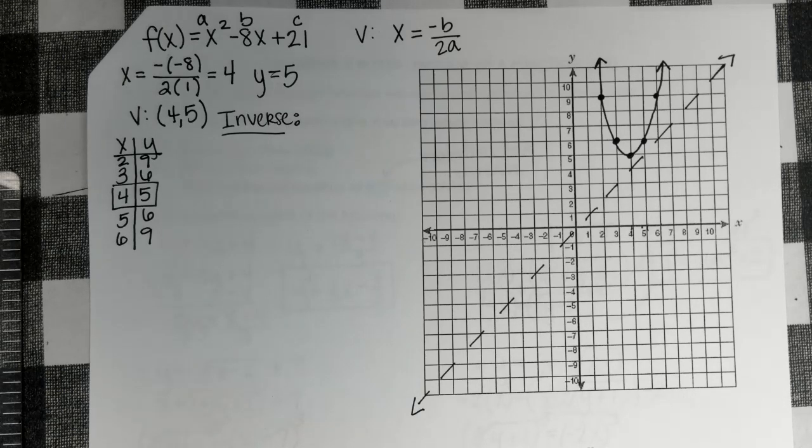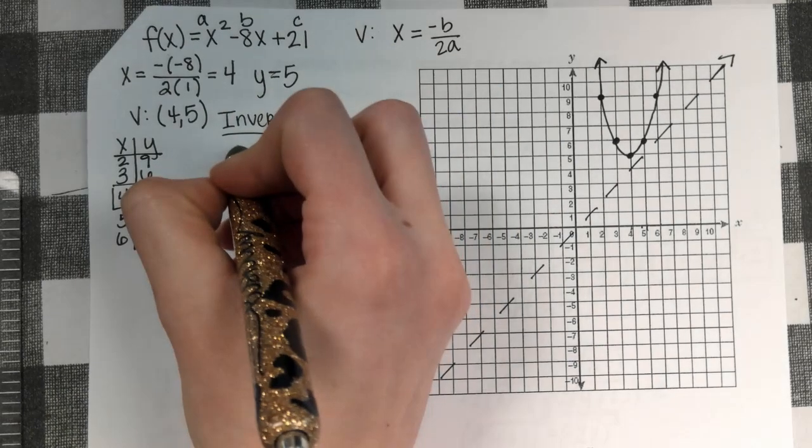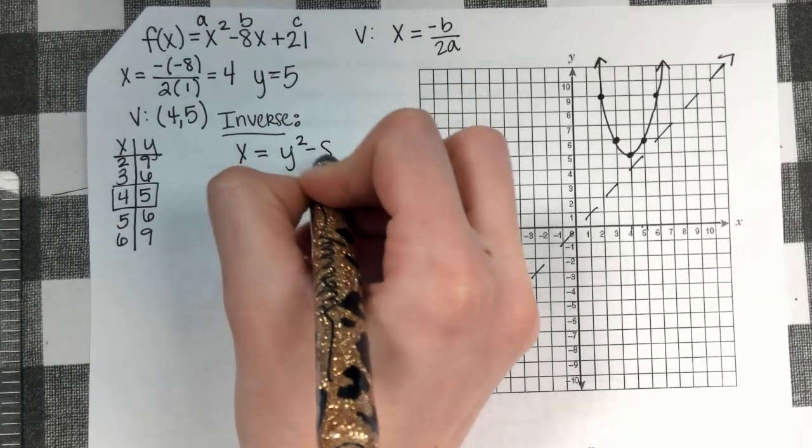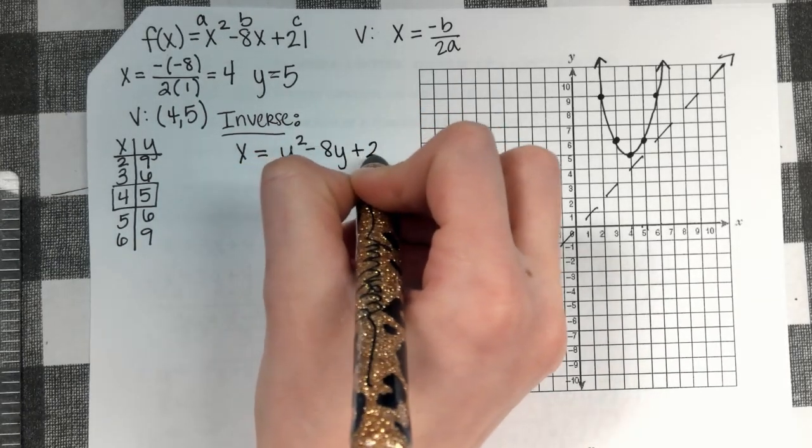Okay? So if I have f of x equals x squared minus 8x plus 21, when I interchange those x and y's, that means my y becomes an x, and every x becomes a y. So that's y squared minus 8y plus 21.